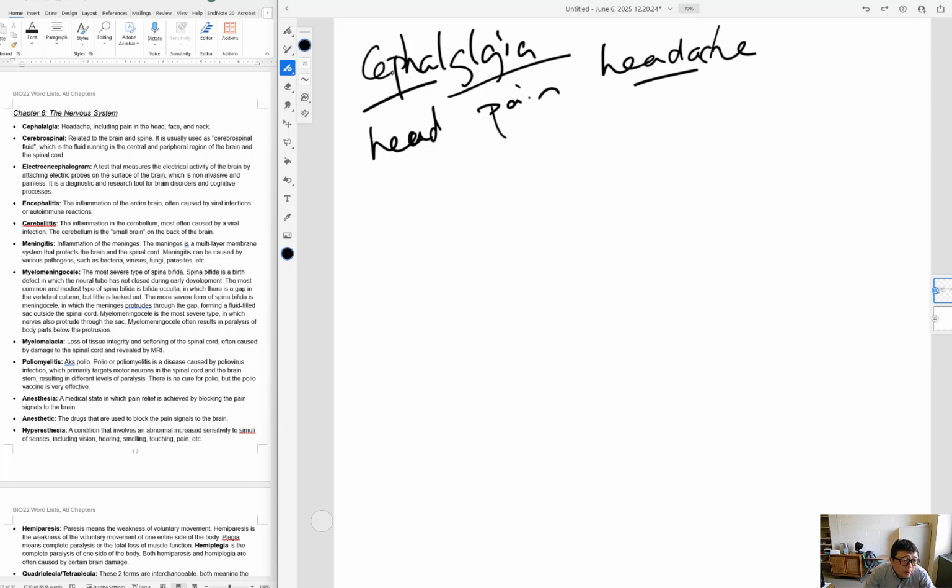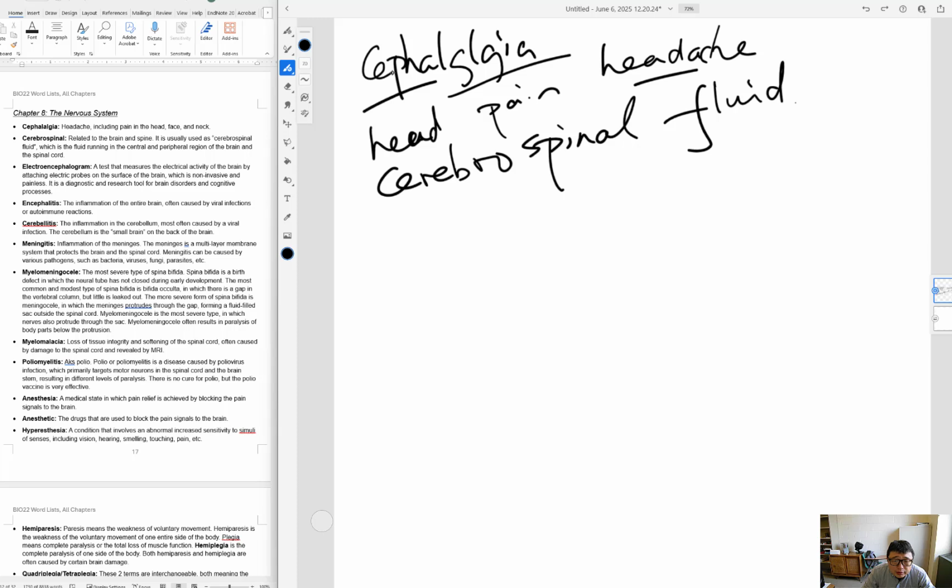And cerebrospinal. Cerebrospinal in most cases is used together with fluid: cerebrospinal fluid. What is this?